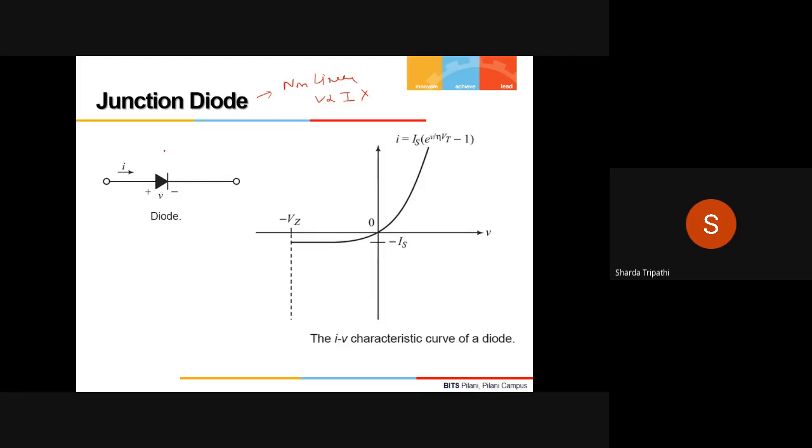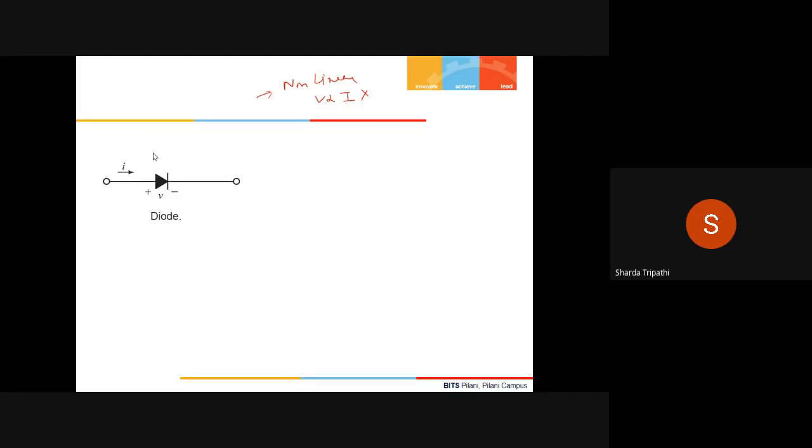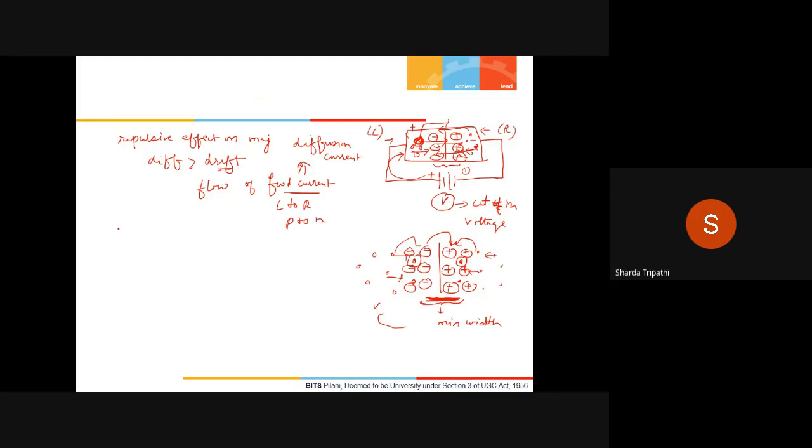The formula is, or let me write it here in the previous page.